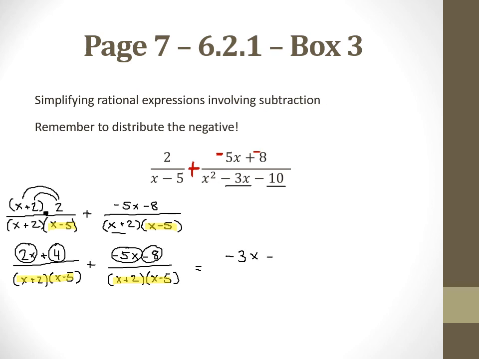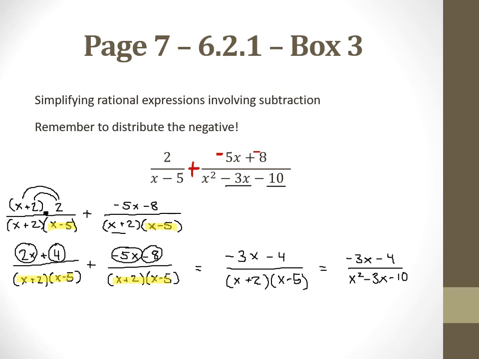Those give me negative 4. 4 minus 8 is negative 4, all over x plus 2 times x minus 5. Or in other words, negative 3x minus 4 over x squared minus 3x minus 10.